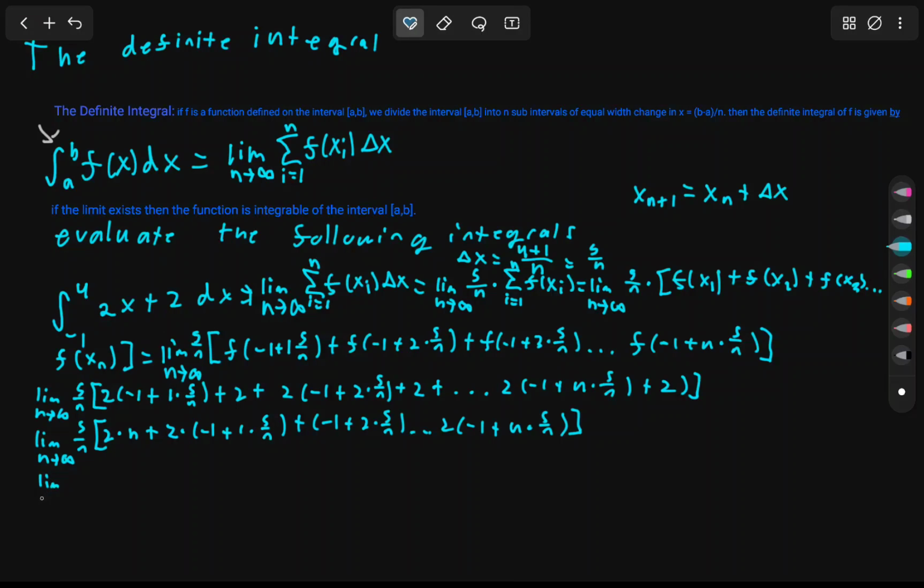So we now get the limit as n approaches infinity of 5 over n times 2n plus -2 plus 2 times 1 times 5 over n, minus 2, apparently I forgot a 2 there, plus 2 times 5 over n, plus ... minus 2.